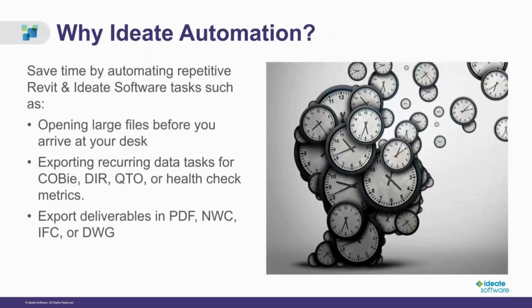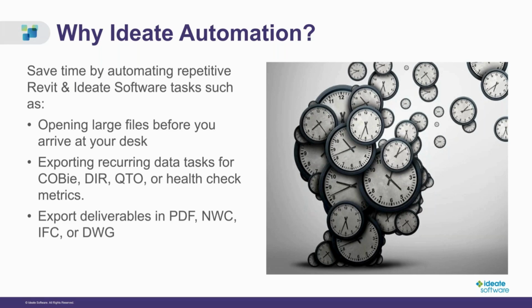We're always talking about saving time on automating repetitive tasks, things that every project are going to have to go through, whether it's opening big files, whether it's data-based exports or more like deliverable-based exports. And that's what we'll be covering today with the PDF.